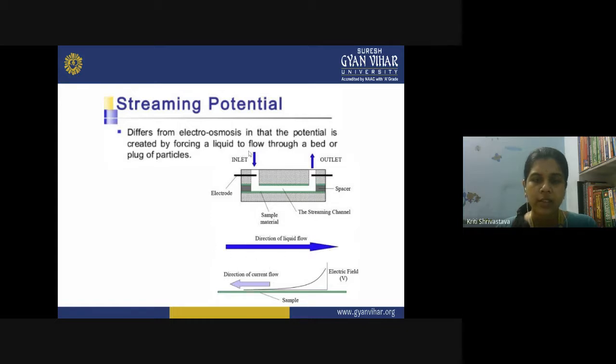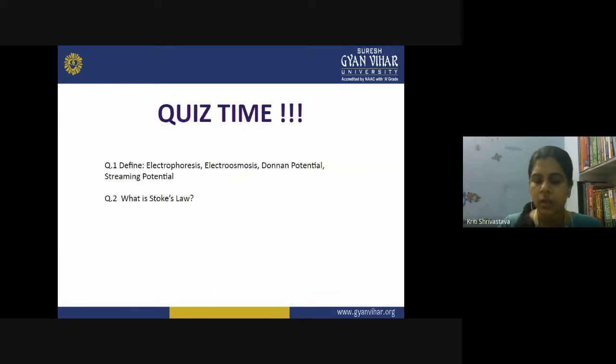When the liquid flows from inlet to outlet, the electric field constantly increases. So, this is my streaming potential. That was about the kinetic and electrical properties of colloidal solutions.